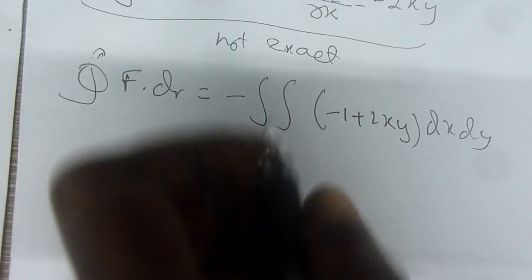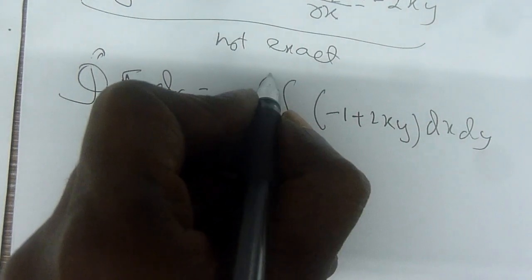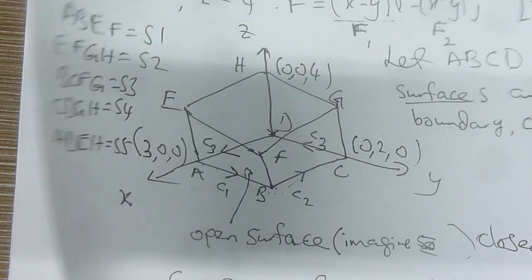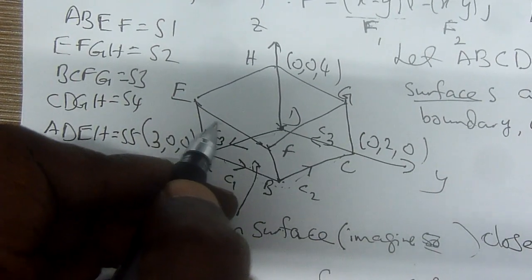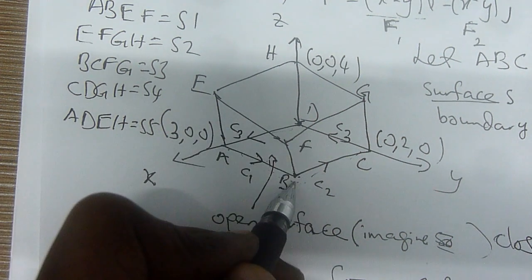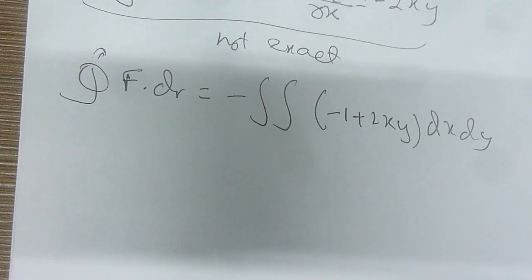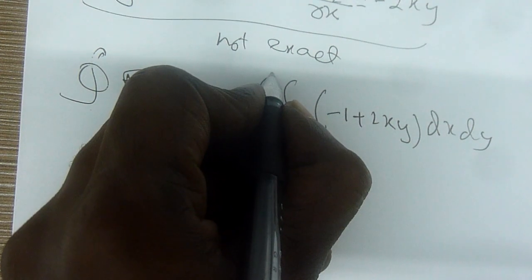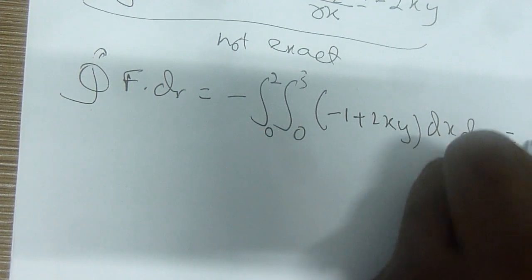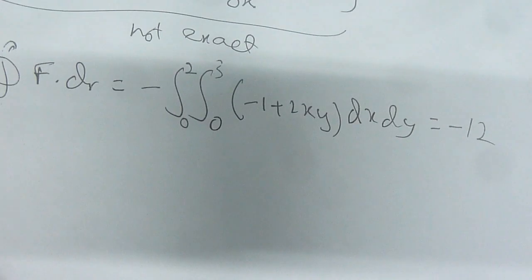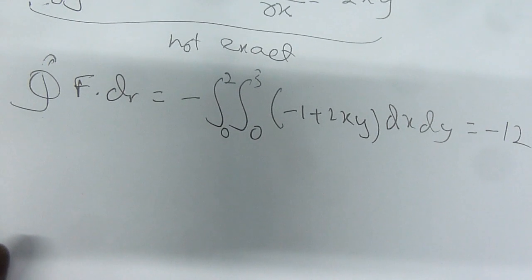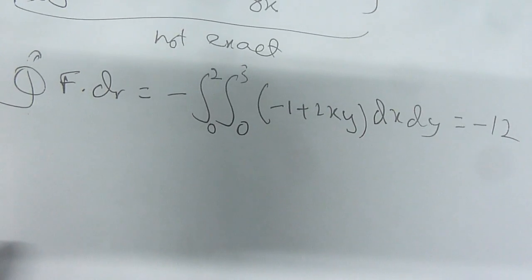Now, can I fix the limits here? The upper values are 3 and 2, so from 0 to 2 and 0 to 3. When you calculate, you get negative 12. Wow, very fast we solved the problem.